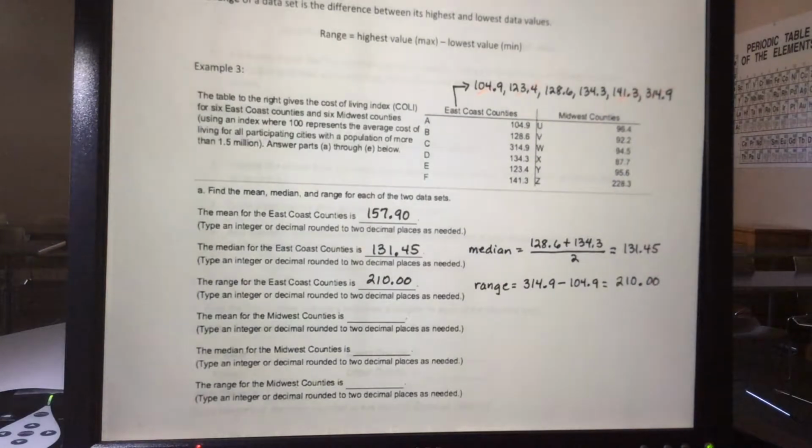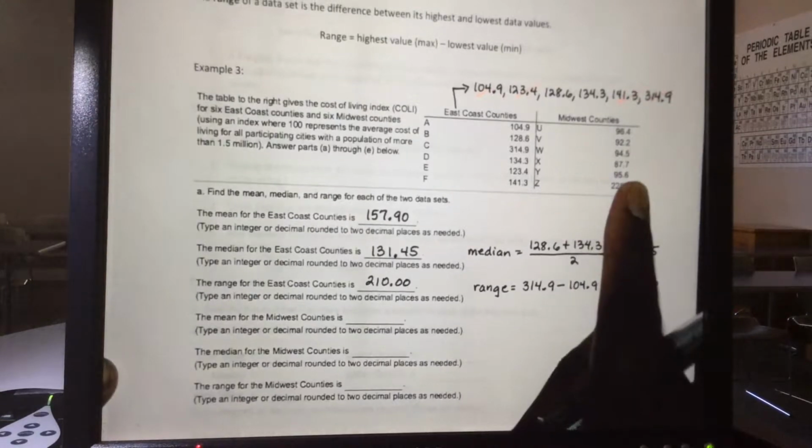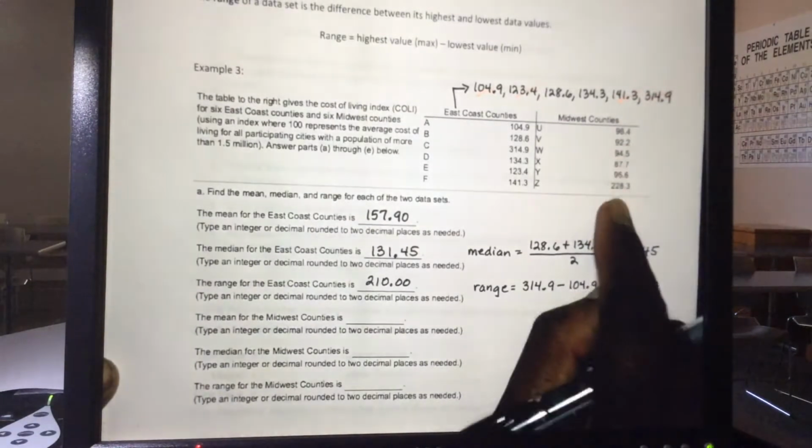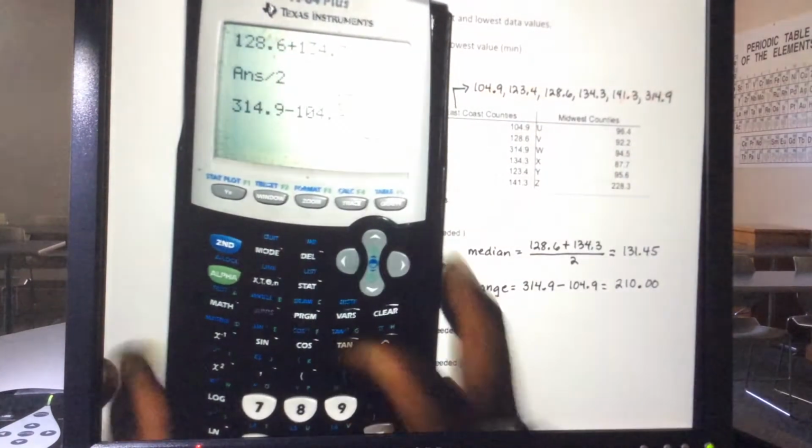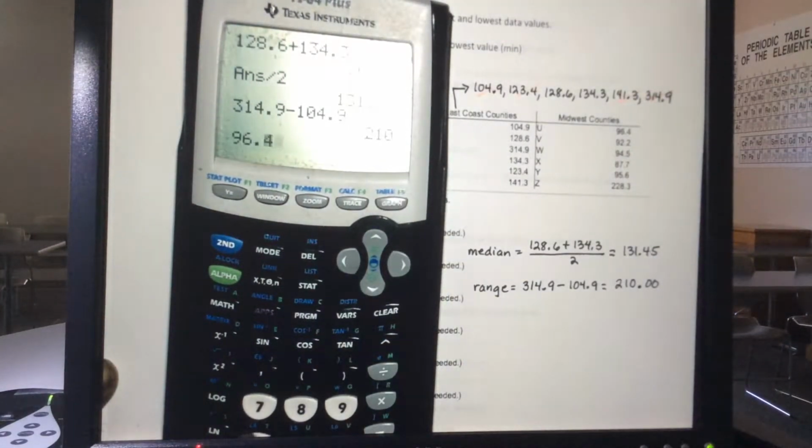So the range for the East Coast counties is 210.00. The mean for the Midwest counties, these are my Midwest counties right here from U to Z. To find the mean, we add those data values of 96.4, 92.2, 94.5, 87.7, 95.6, and 228.3.